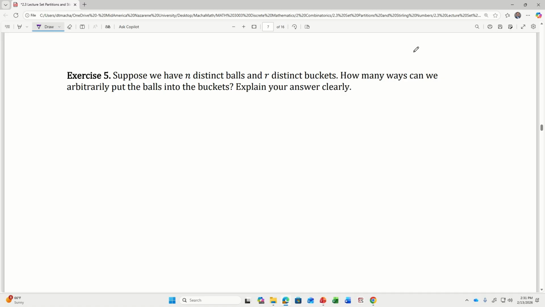Suppose we have n distinct balls in r distinct buckets. How many ways can we arbitrarily put the balls into the buckets? I'll let you guys answer this one. It's an easier question. Distinct means I can tell them apart, like the balls are all different colors. The buckets are all different colors.